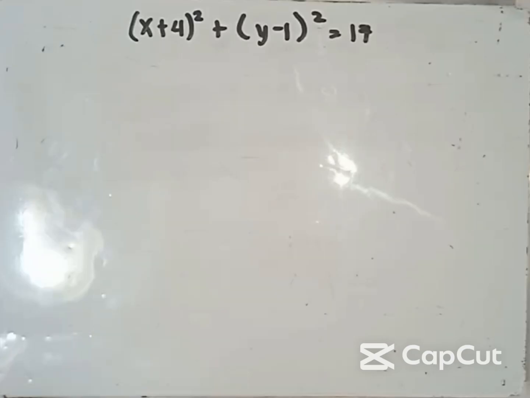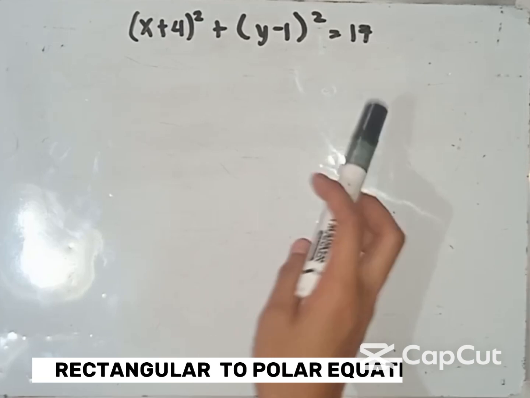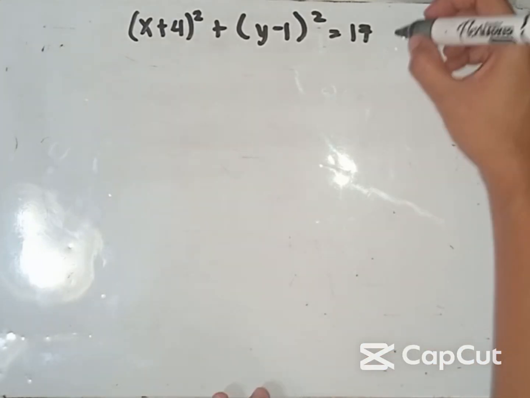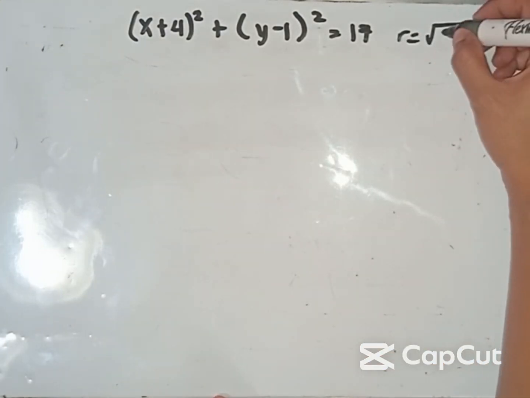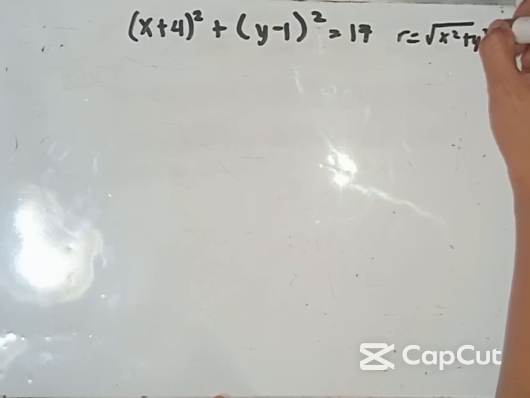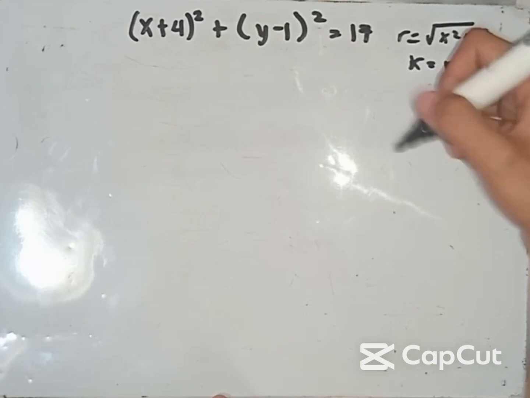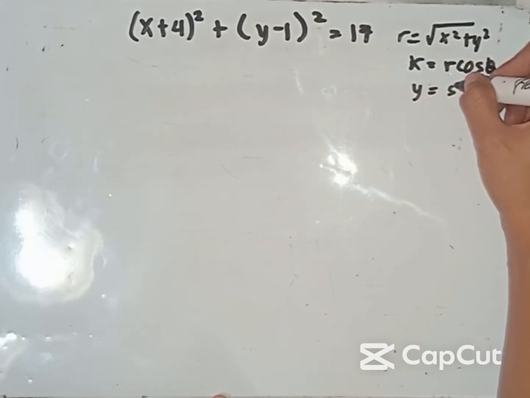If you think you cannot do it, just pause the video and try this one. We have here (x plus 4) squared plus (y minus 1) squared is equal to 17. The first thing that we are going to do is to recall the key information, the formulas, and the definitions that we have learned and gathered earlier.